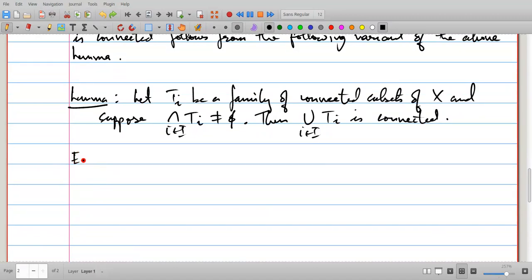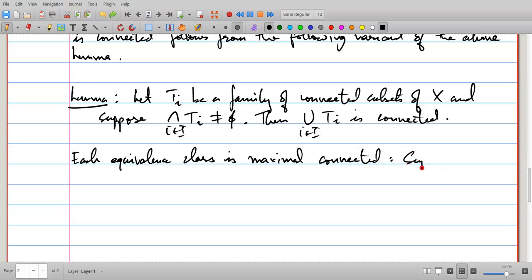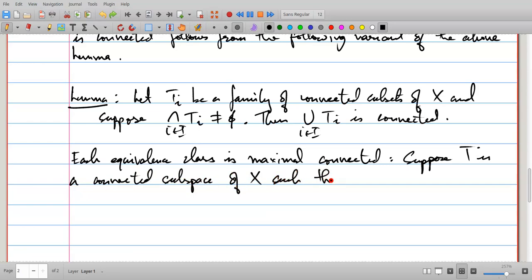Next, let us show that each equivalence class is maximally connected. So what this means is that suppose T is a connected subspace of X such that it contains some Xi.